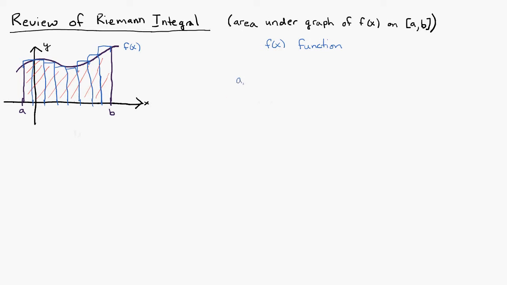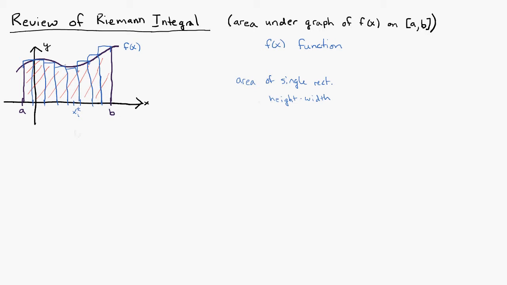Now we want to compute the area of a single rectangle, which would be height times width. So we mark off a point in one of these rectangles. Let's call it xi star.